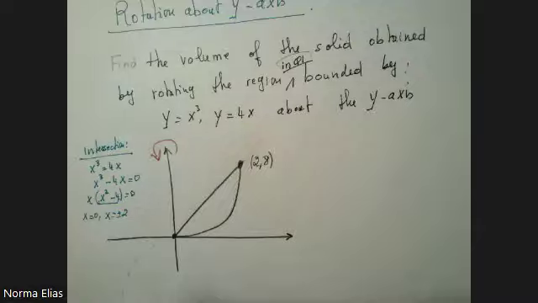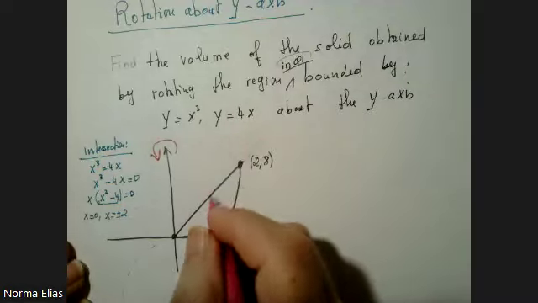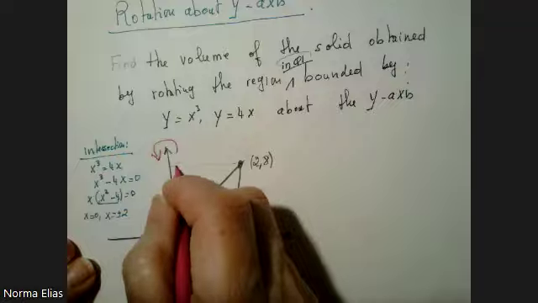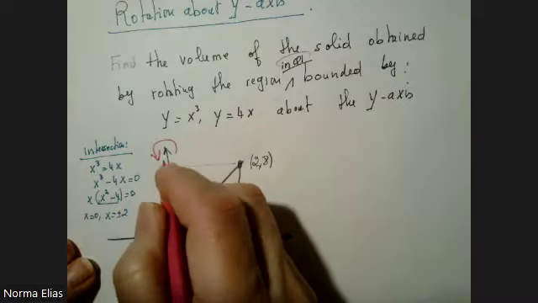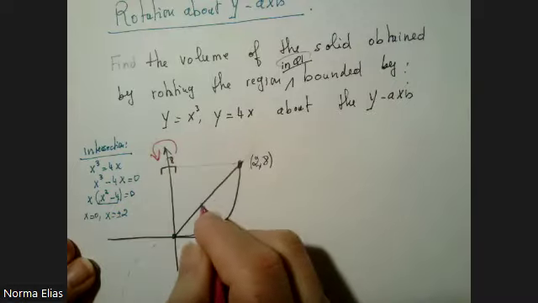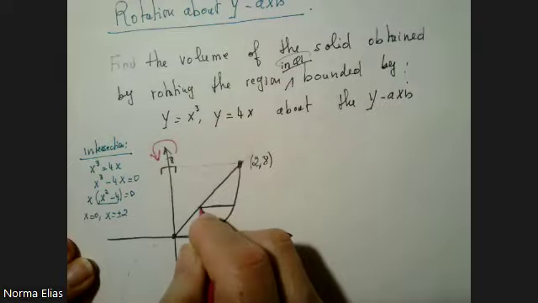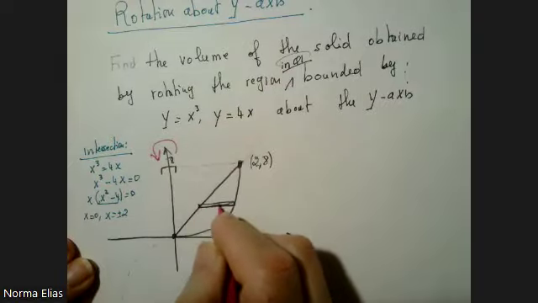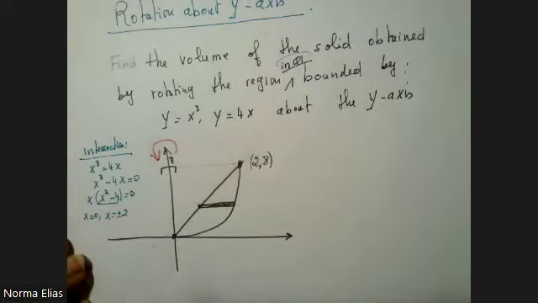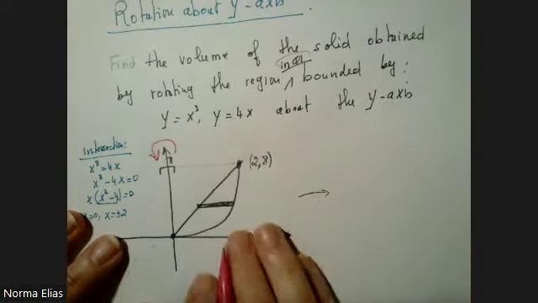So what type of slices am I going to take? So this is my 8 here, right here. So in this problem, I'm gonna take those horizontal slices. Okay, so this is the rotation here.